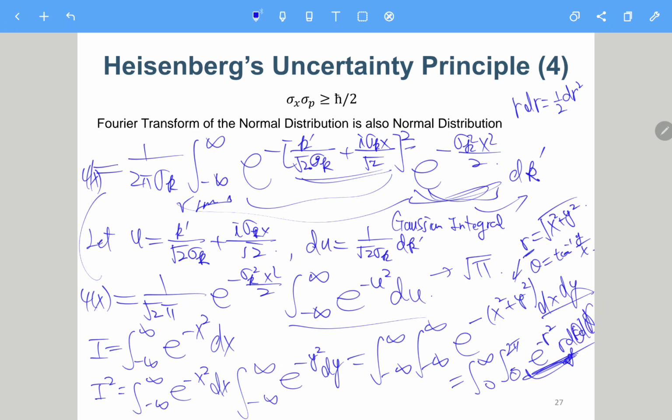This is d theta, this is dr. So it will become the integration from 0 to infinity of exponential to negative r squared times r dr, and then the integration from 0 to 2 pi of d theta. So this is nothing but 2 pi, this is 1/2. And then we finally find that I squared is pi. So this integration is square root of pi.